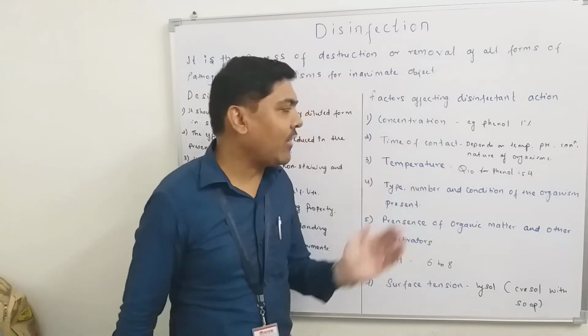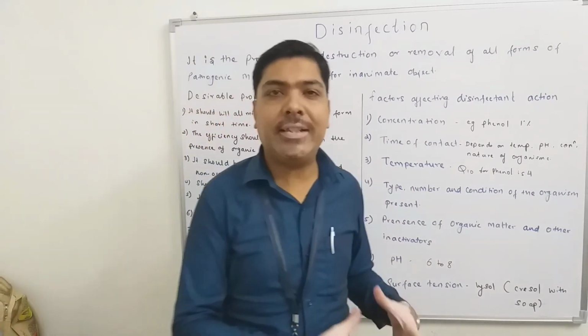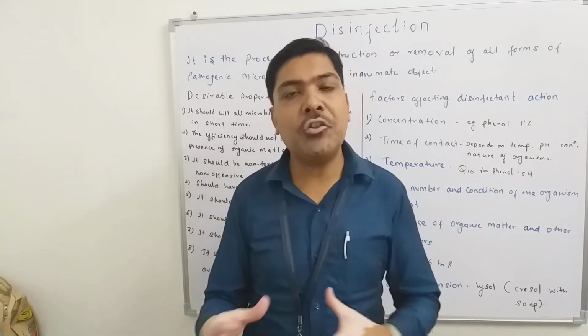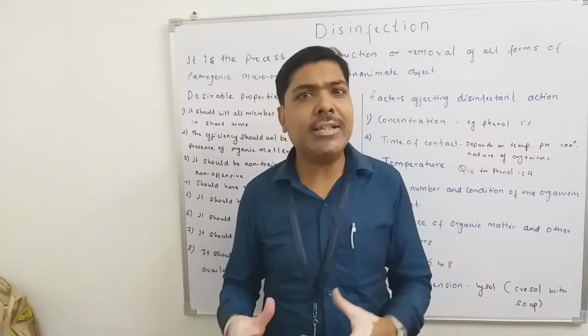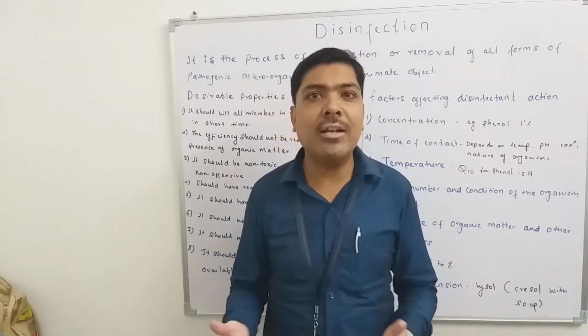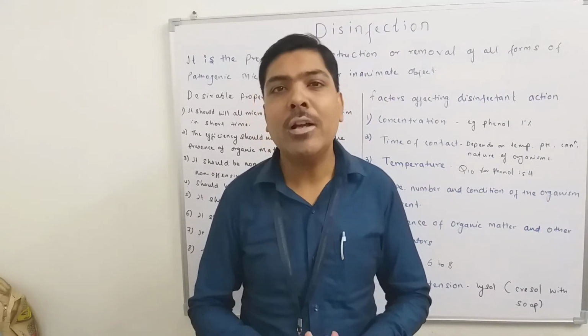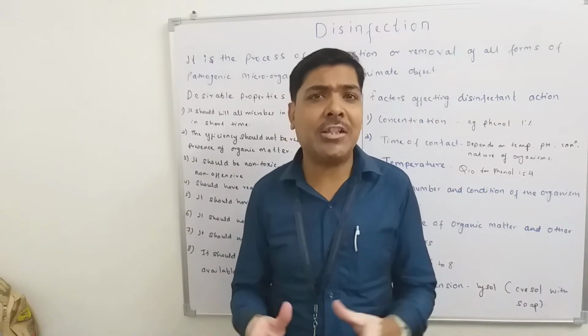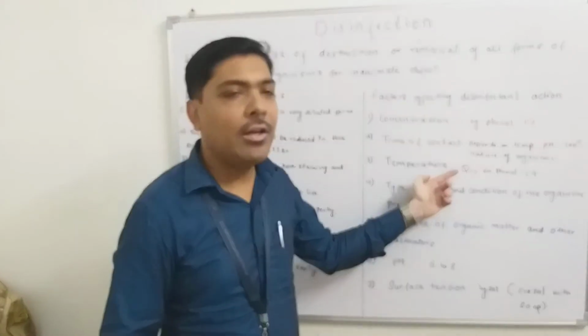Now coming to the next factor, that is the temperature. Here we can say that the relationship between the activity of the disinfectant and the temperature is a direct correlation. If we increase the temperature, then the activity of the disinfectant also increases. This is expressed in the form of the temperature coefficient, which is called Q10.